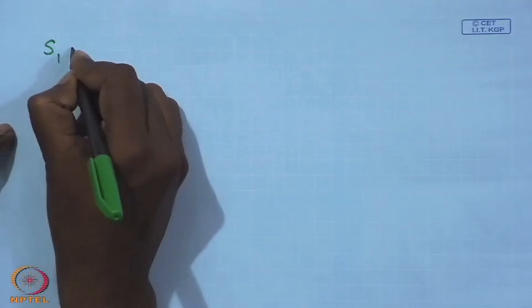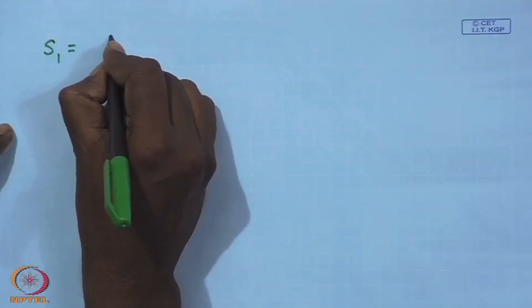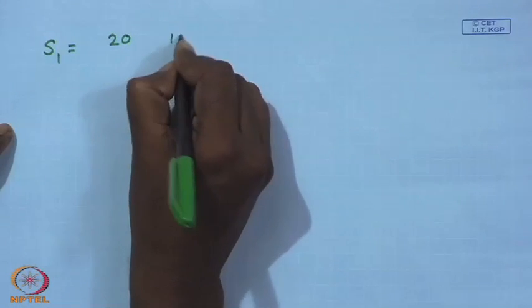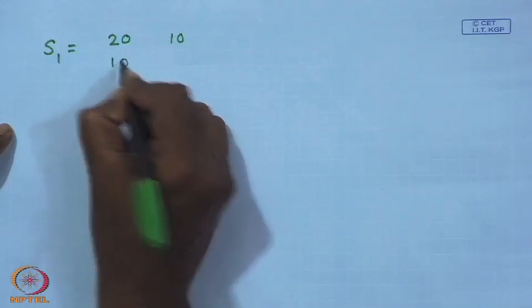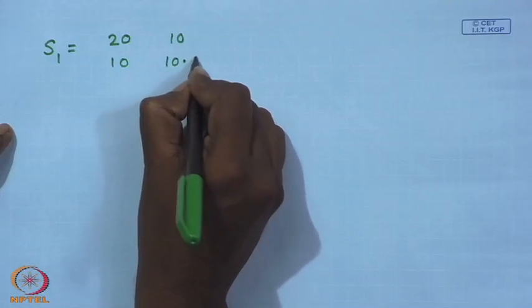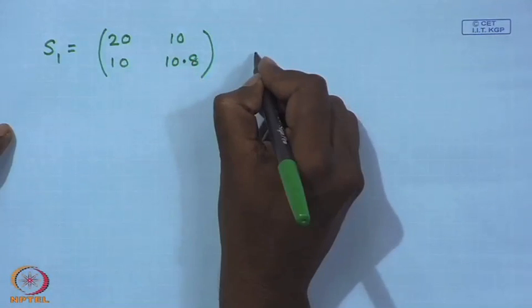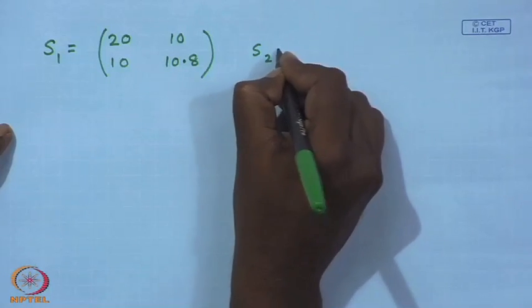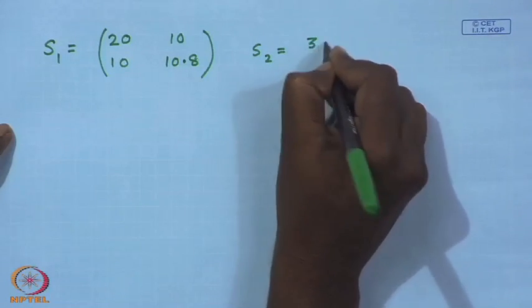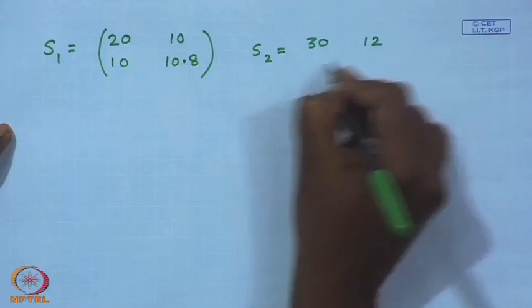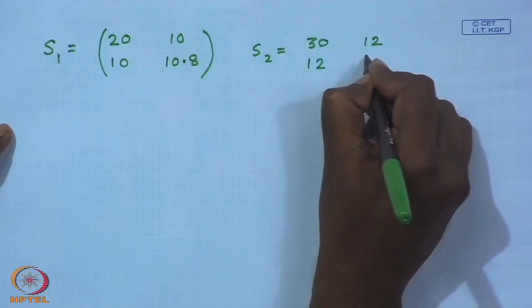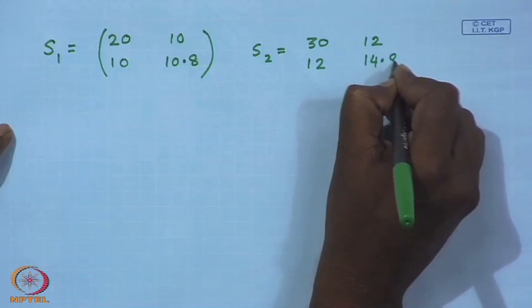I had S1 which is 20, 10, 10, 10.8, and S2 which was 30, 12, 12 and then 14.8.